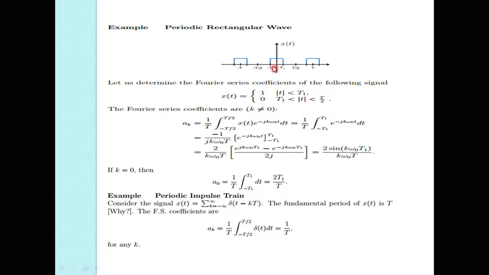These two portions are 0, only in between minus t1 and t1 it is 1. Understood? This is the given x of t, and they are saying it is a periodic signal also. So it is repeated again, for every same interval the signal is repeated. We can call it a periodic signal.